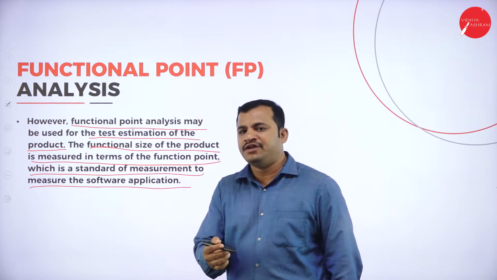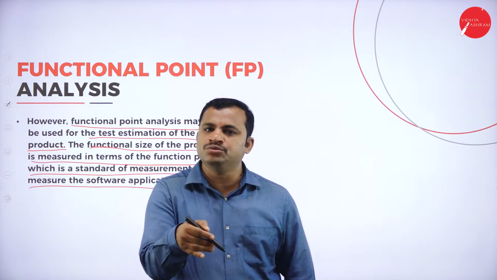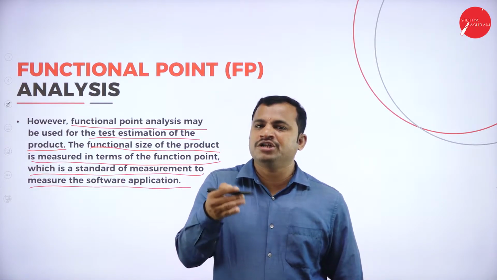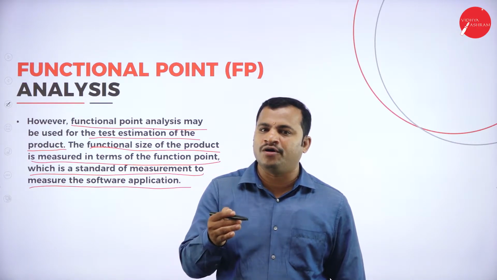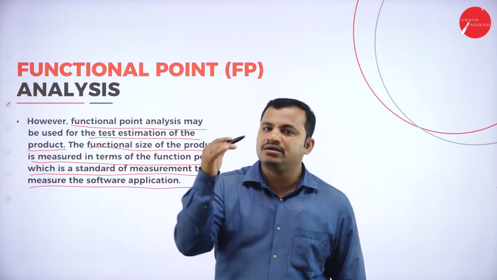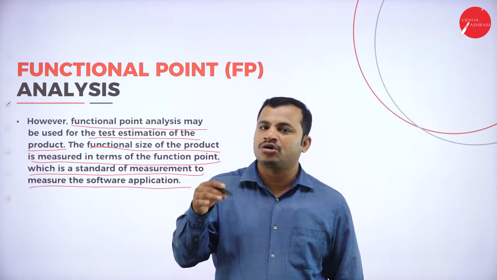Suppose I have developed a software application, then how am I going to estimate the functionality of that software product in terms of the testing as well as the development cost.